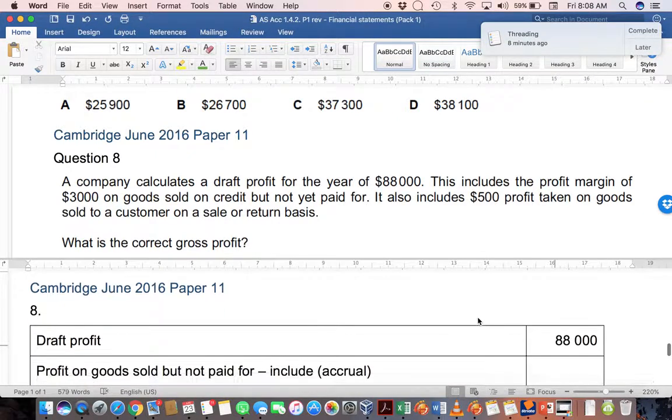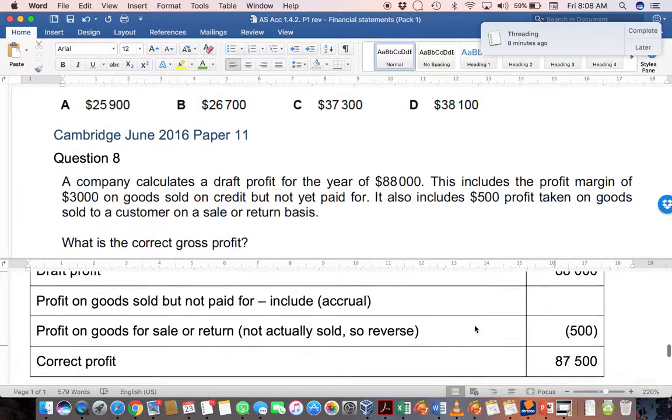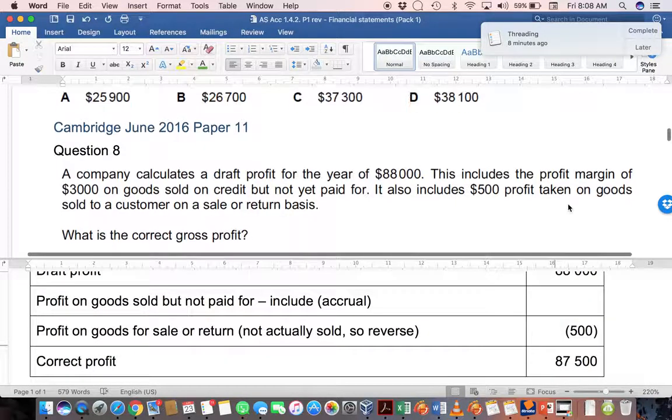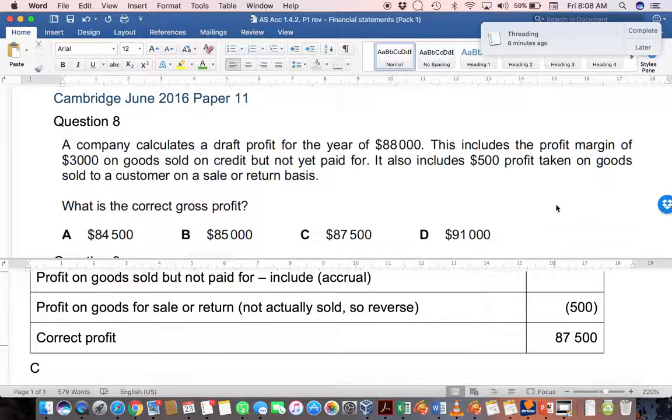So your draft profit of $88,000, you are going to leave the goods that were actually sold, they should be there, but you are going to subtract $500 for the goods on sale or return because you haven't actually sold them, so you need to reverse that transaction, and your correct profit should be $87,500, or answer C.